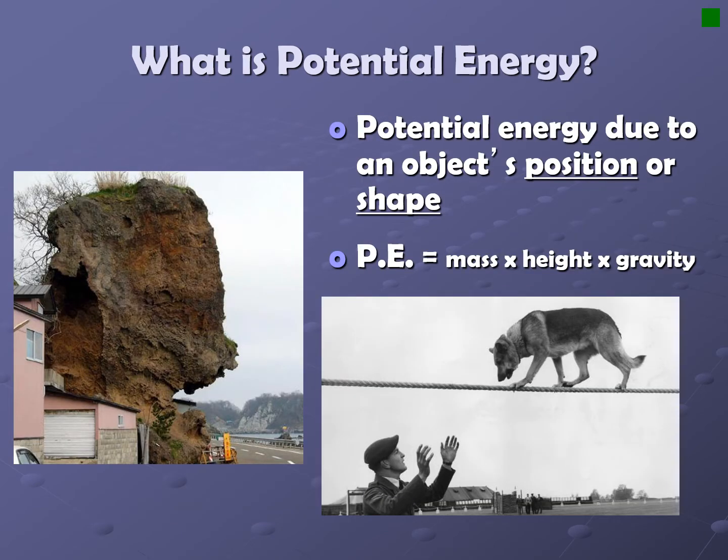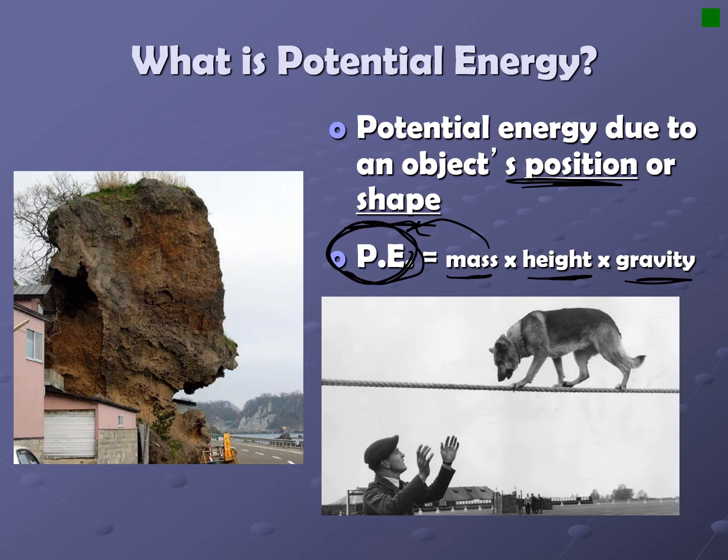So potential energy is energy due to an object's position or its shape. For example, when it's elastic, it's stretched out, or if it's a spring and it's stretched and pushed down, that is different types of stored energy. The key to this though is that mass times height times gravity is equal to your potential energy.